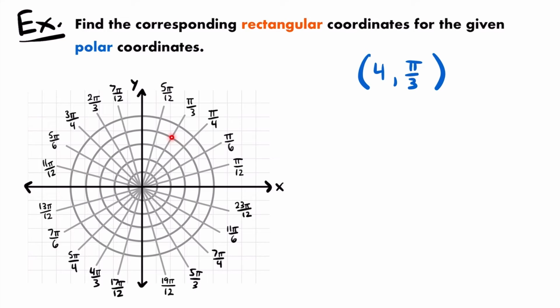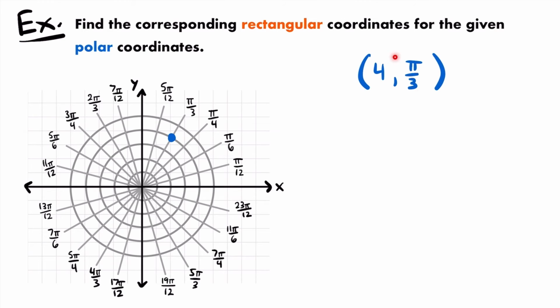That's our radius of 4. So right at this point will be our point 4 comma pi divided by 3. Now we know that when we convert these polar coordinates to rectangular coordinates, the resulting rectangular coordinates should be in this first quadrant of the coordinate system.